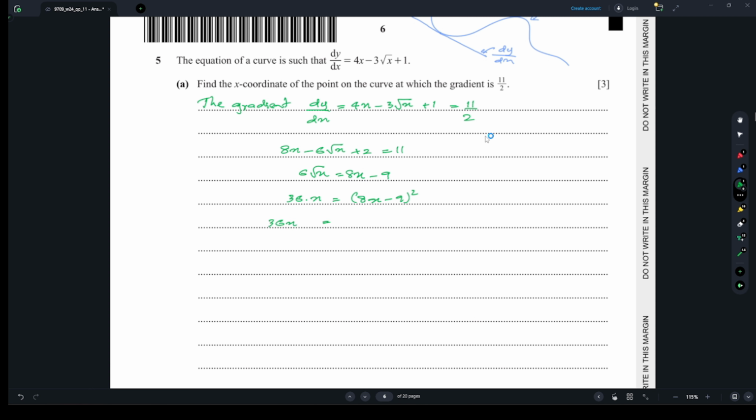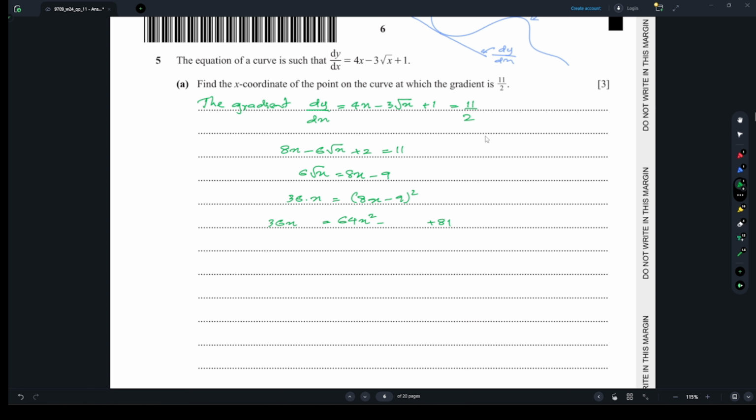So 36x equals 64x squared, and then 2 times 8x times minus 9, sorry, I think I made a mistake here, not 180.